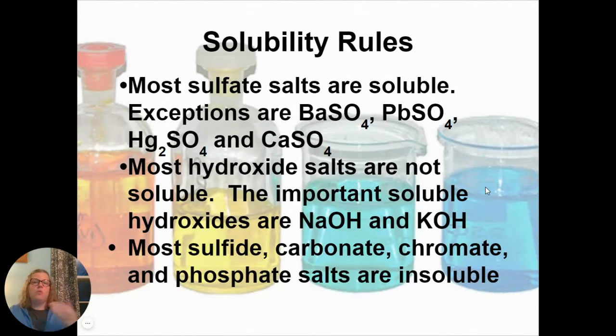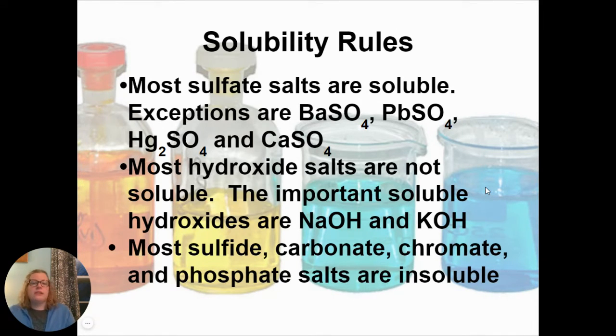Okay, moving on. Most of your sulfates are soluble, so they are going to dissolve unless they are with barium, lead, the mercury 2 polyatomic ion, and calcium. So if you see a sulfate in a compound, it should dissolve unless it's partnered with one of those 4. Okay.